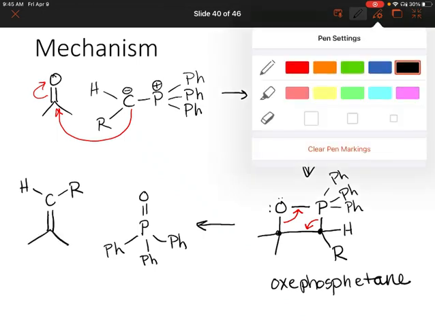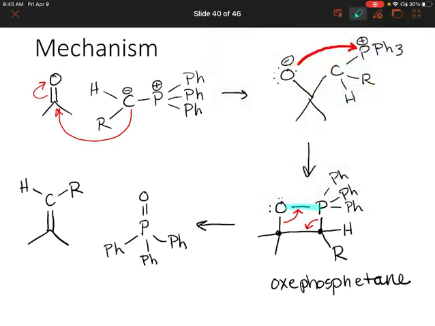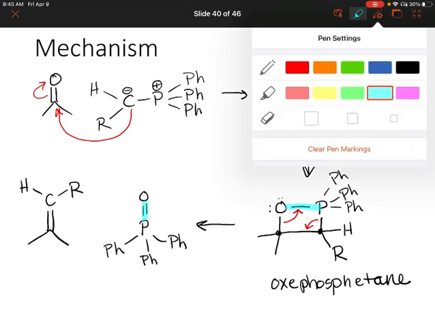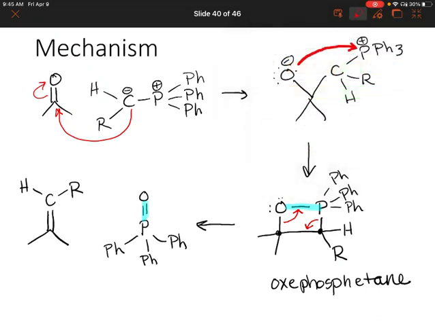So let's just highlight what's going on here. We're creating a double bond between oxygen and phosphorus, and then we're also creating a double bond between the carbons on the bottom of our square.